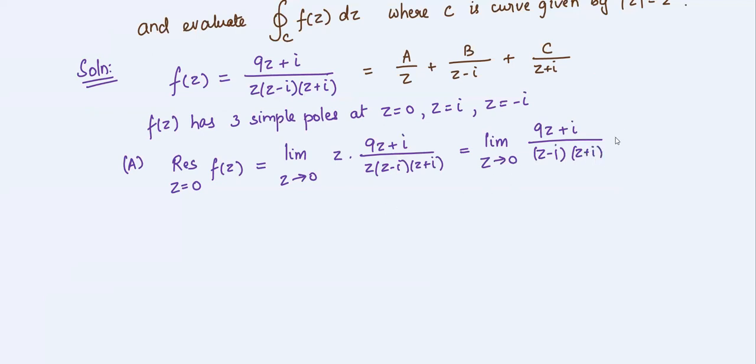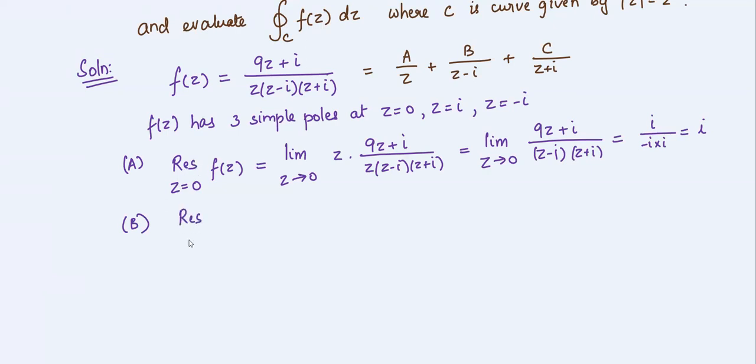So we get 0 plus i by minus i into plus i. Minus i square is 1. So we get i. So this is the residue. Very simple. We don't have to do partial fractions.